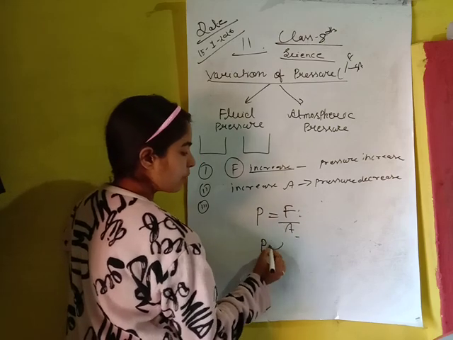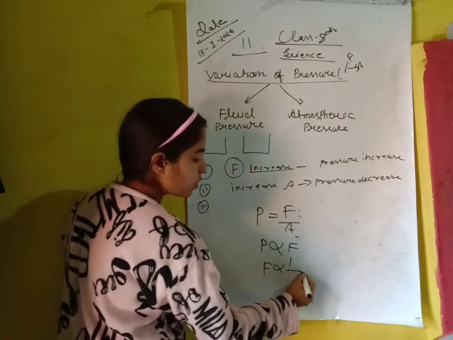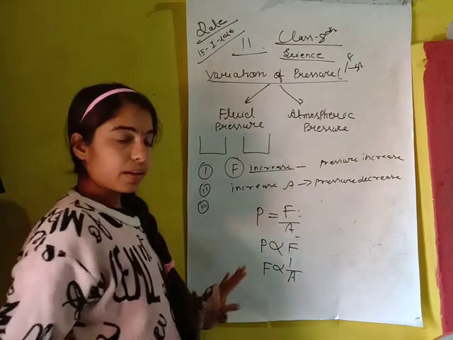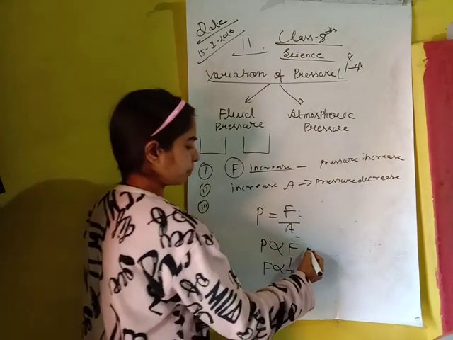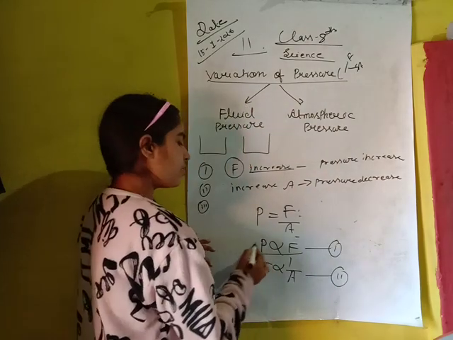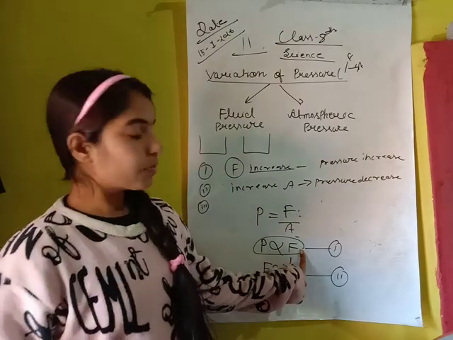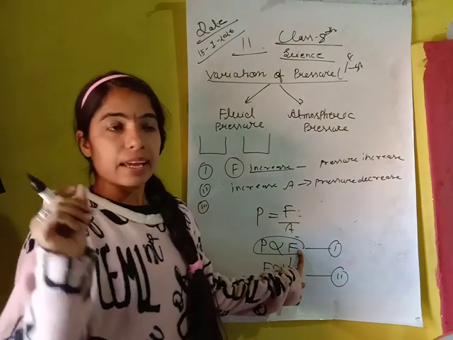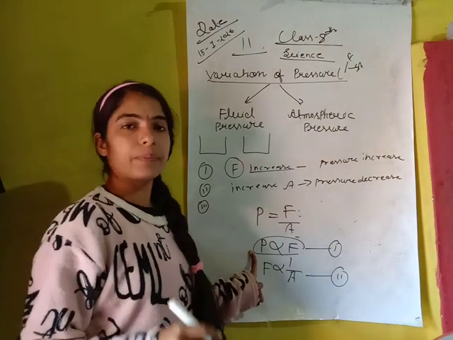Pressure is proportional to the force and inversely proportional to the area. This is the first condition: if the force on any object is increased in any area, then the pressure is increased.